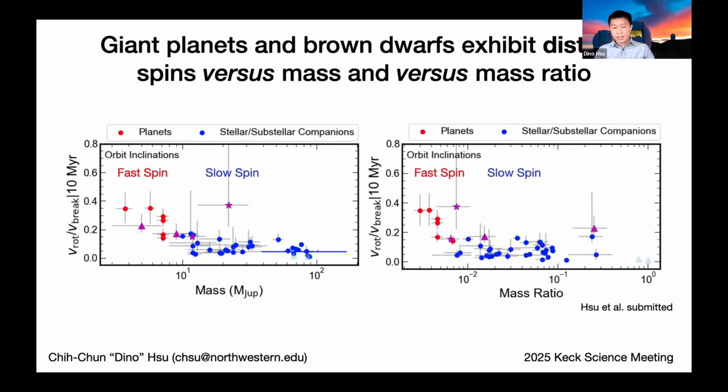We can also assess the significance of the differences between these two populations. We can populate the measurement uncertainties and then make a distribution of the means, for example, for the giant planet population. Then we fit a Gaussian and measure the dispersion compared to the brown dwarf population.